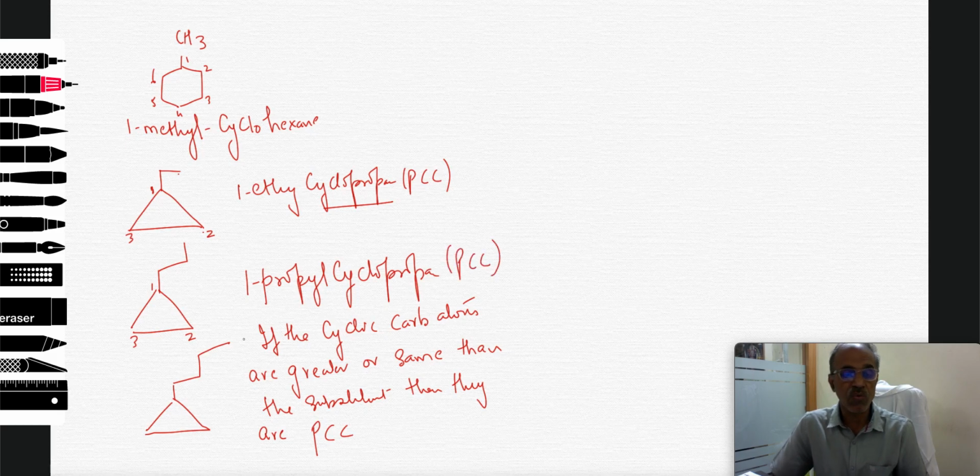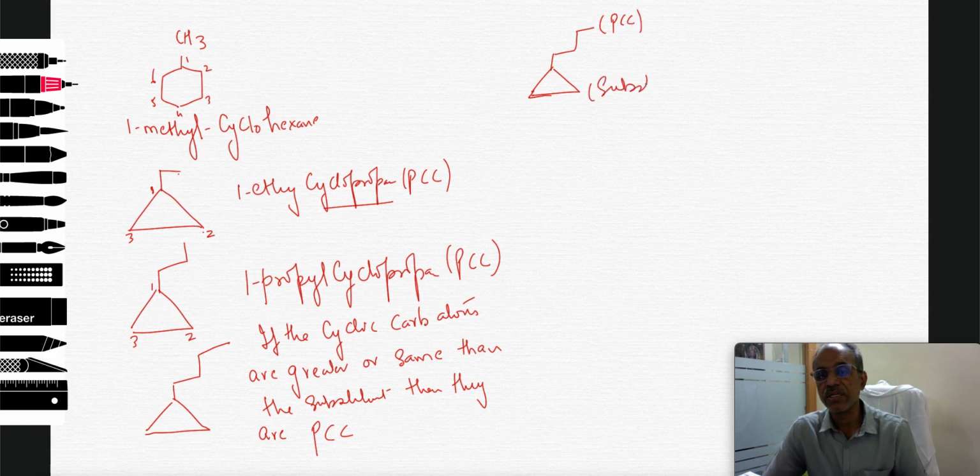Now what is the scenario here? Here there are 4 carbon atoms and this. In this case, the PCC turns out to be this, and this becomes a substituent. That means to become a parent carbon chain, your carbon atoms have to be more than the chain attached.